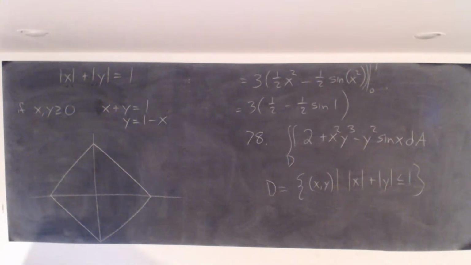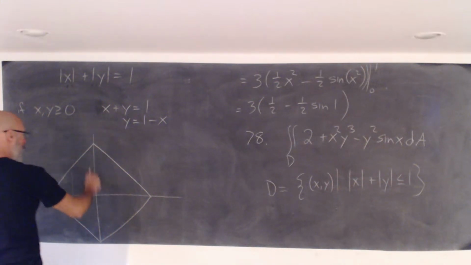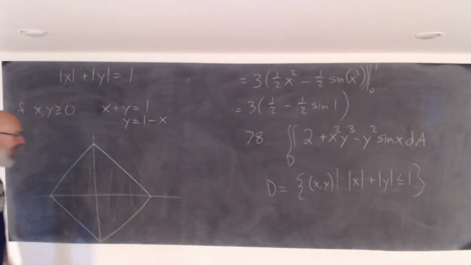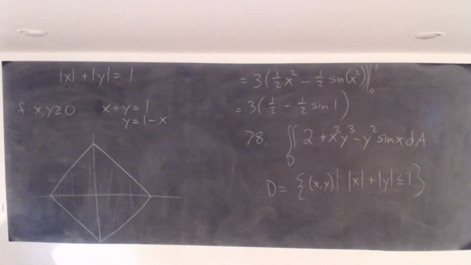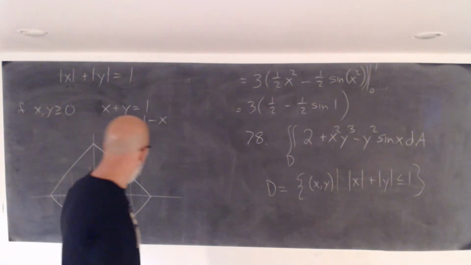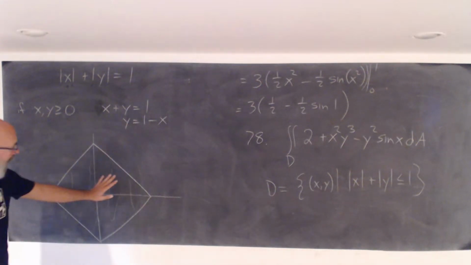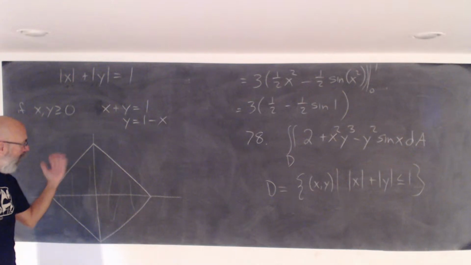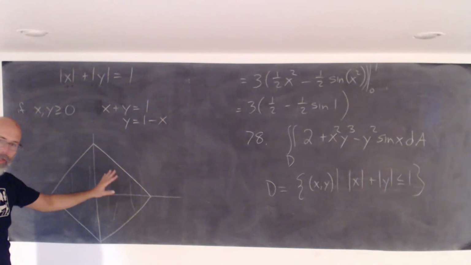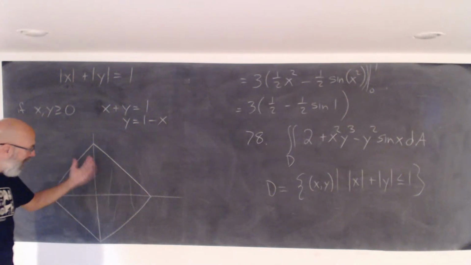So our domain D is everything inside. Our domain D has symmetry about both the x-axis and the y-axis.